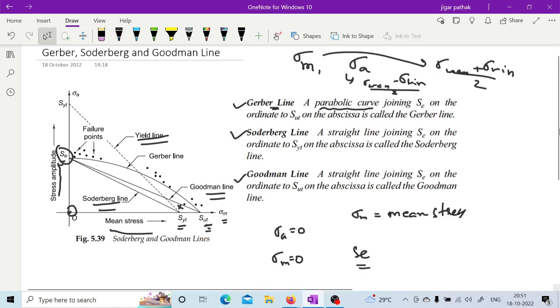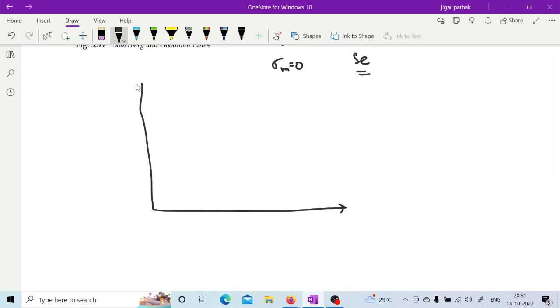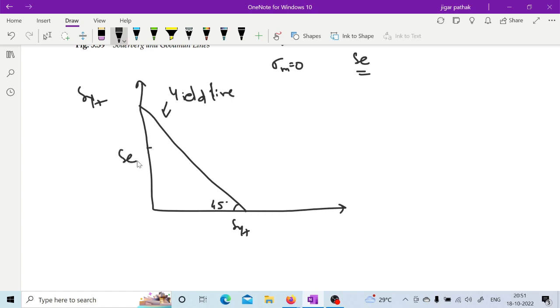So if we draw that again here, let us say this is SYT, and it will have almost an angle of 45 degrees, because from both axes we are having this SYT. It is called the yield line, right? Now the Goodman line is between SE and SUT, so it will go like this.